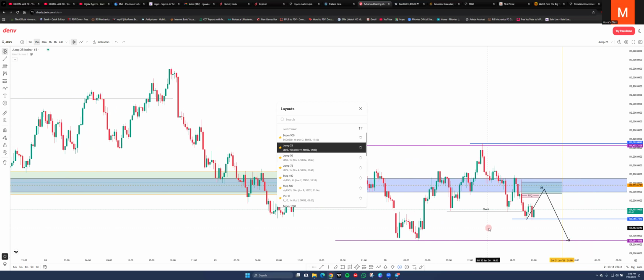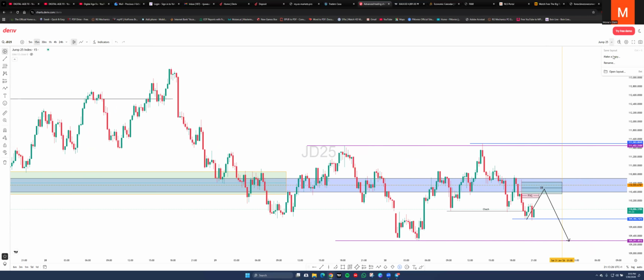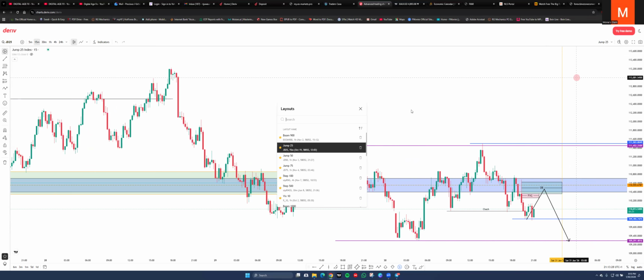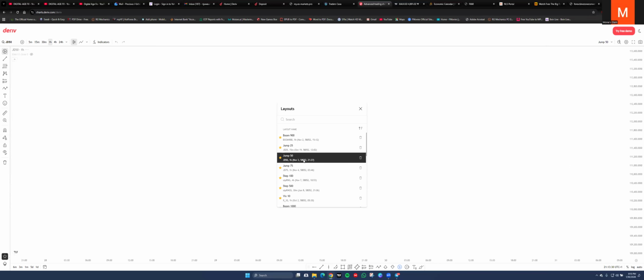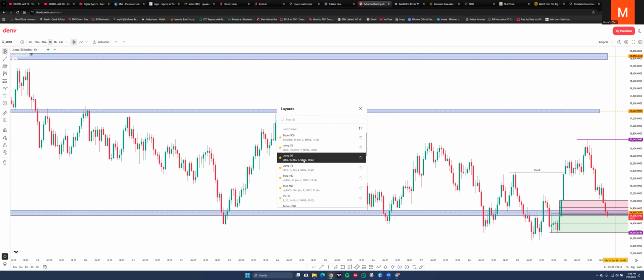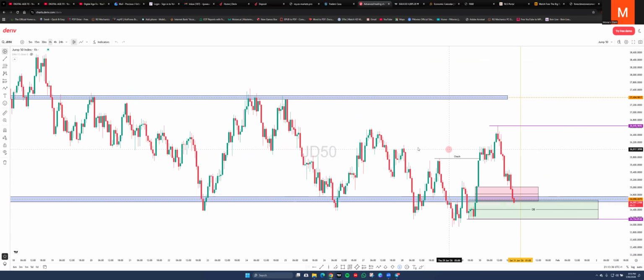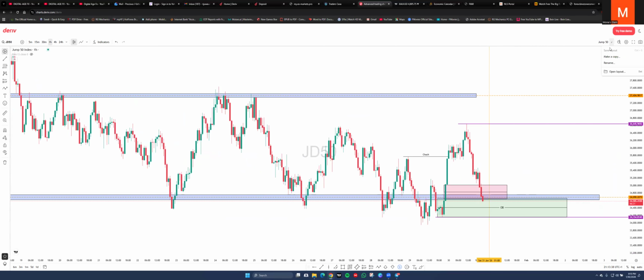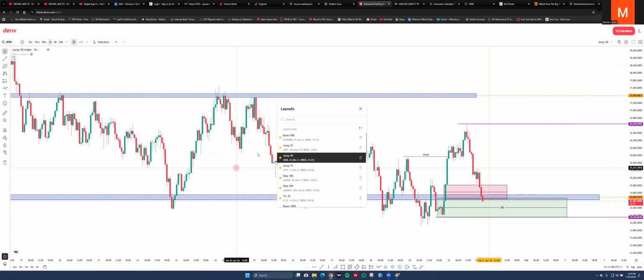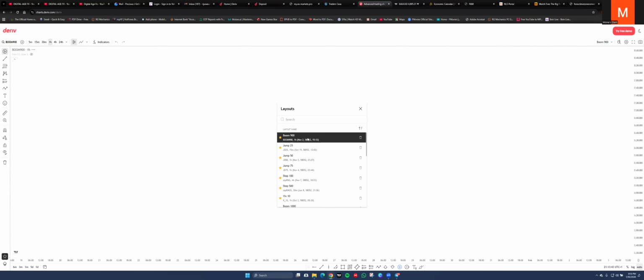All right, the next one is Jump 25. Jump 25 is here. We're waiting for price to come up to this point, then reverse. Then the next one is Jump 50. Like I said, beware of jump pairs. You see this Jump 50 and Boom 900, they kind of look alike, like they are almost ready.